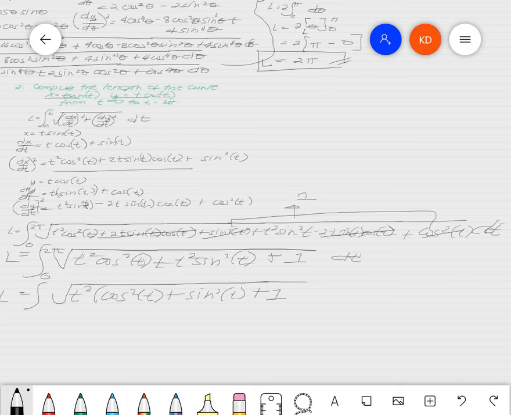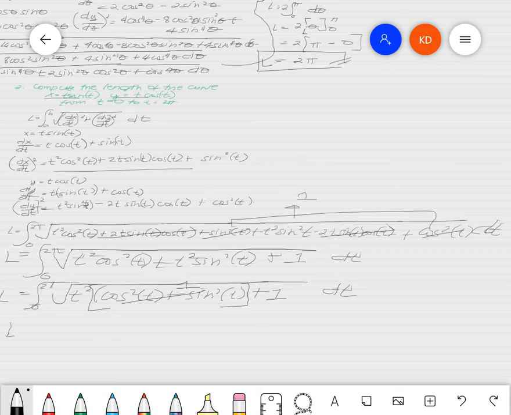With this expression, this is equal to 1, times dt, from 0 to 2 pi.